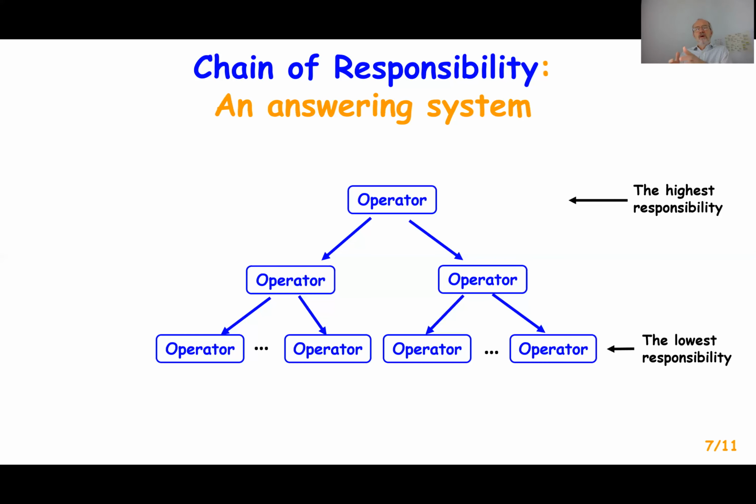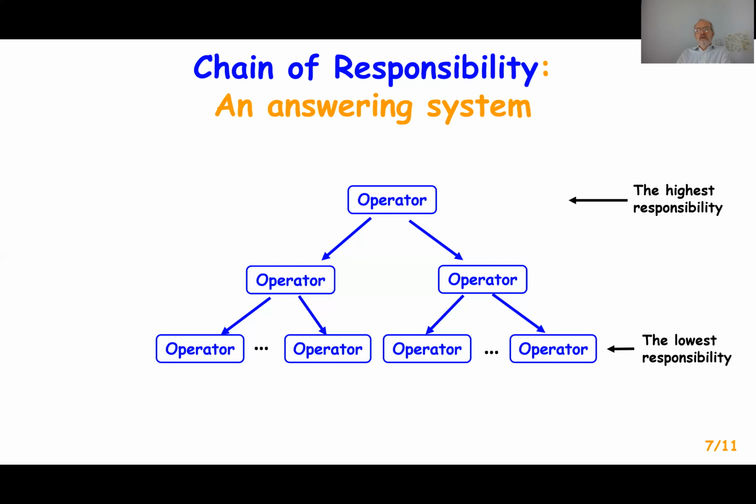He or she or it knows everything and is able to give the answer to any question. Of course, this is a kind of idealistic scheme, but the idea is quite actual. So what's happening when a request comes from the outer world?